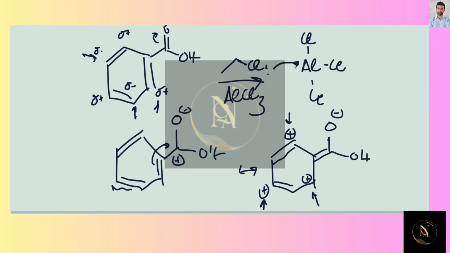A lone pair on the chlorine attacks the aluminum and creates the following electrophile.